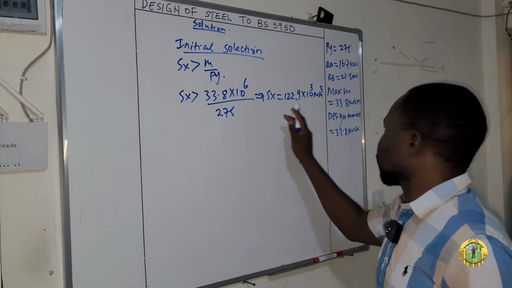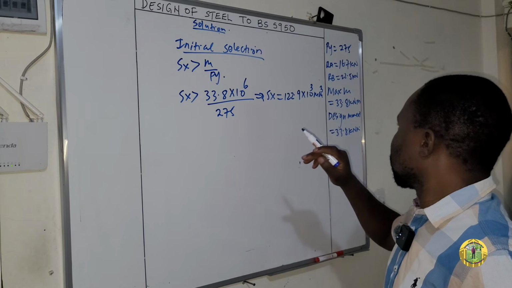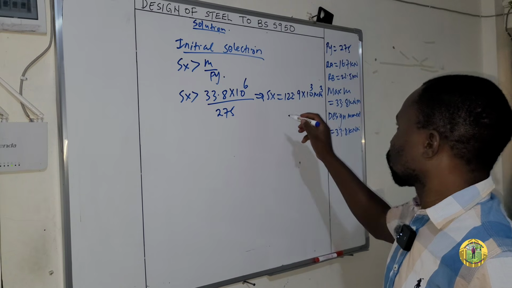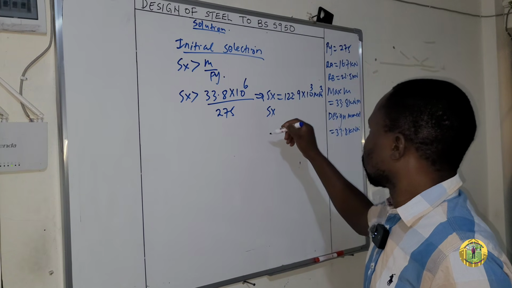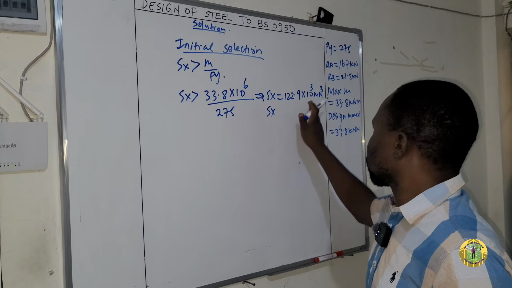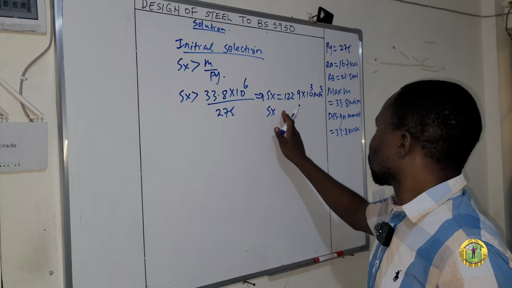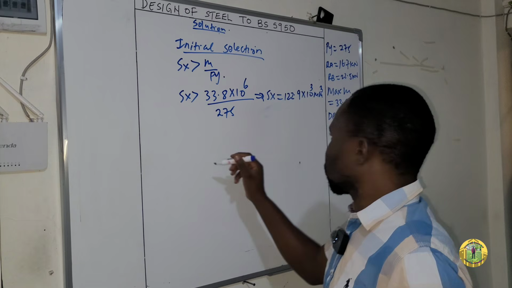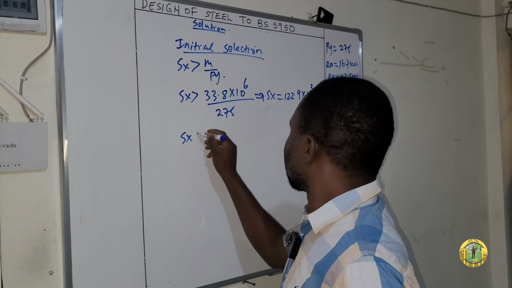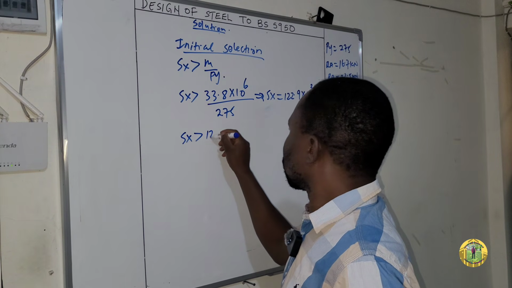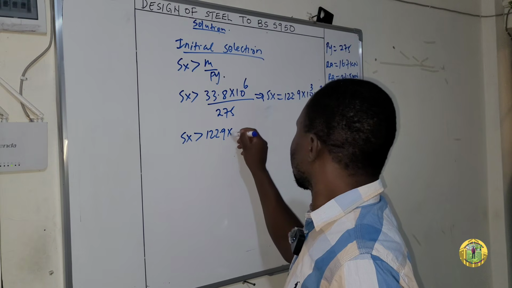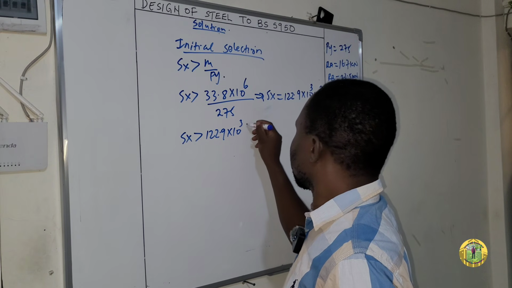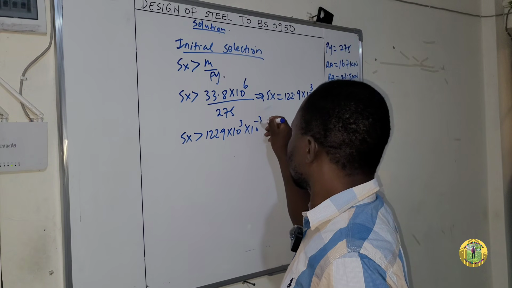Remember, Sx, which is the plastic modulus, in the table is given in centimeter cubic. So therefore, you will multiply this by 10 raised power negative 3. So Sx is 122.9 times 10 raised power 3 times 10 raised power negative 3.